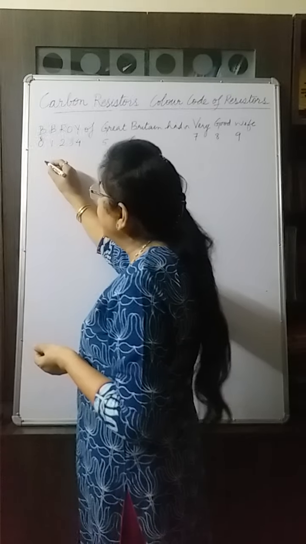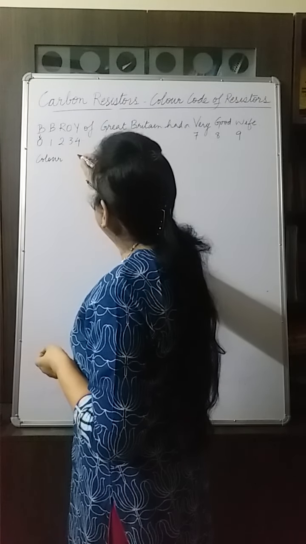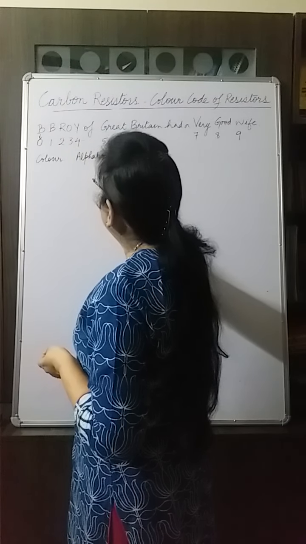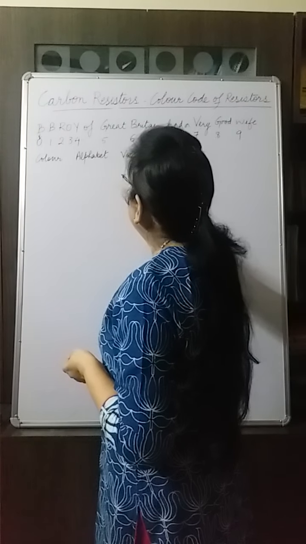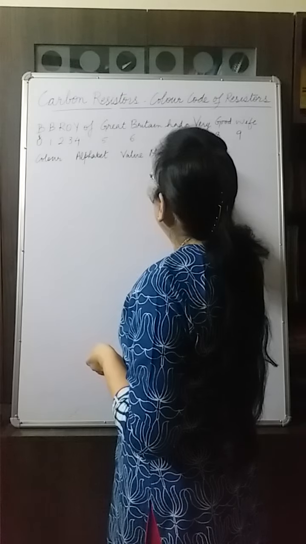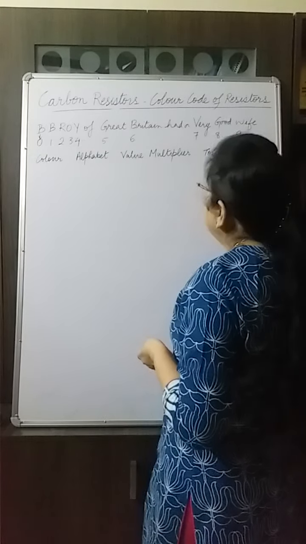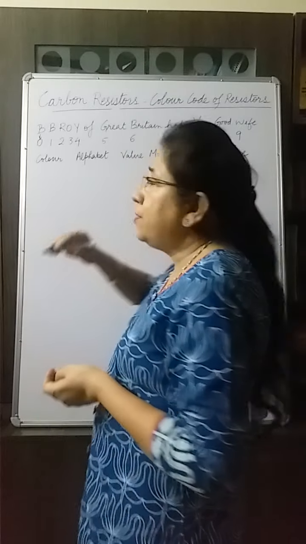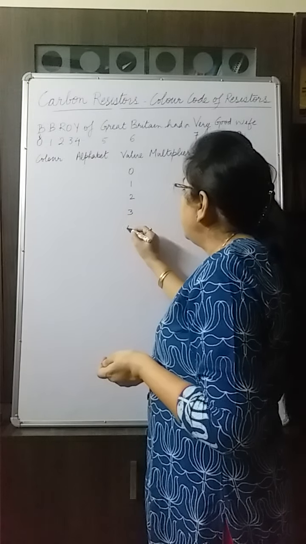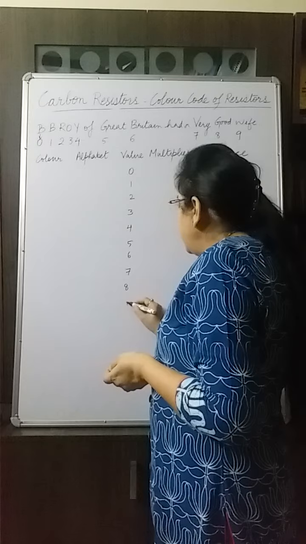I'll draw a table here. You can write the values 0, 1, 2, 3, 4, 5, 6, 7, 8, 9.